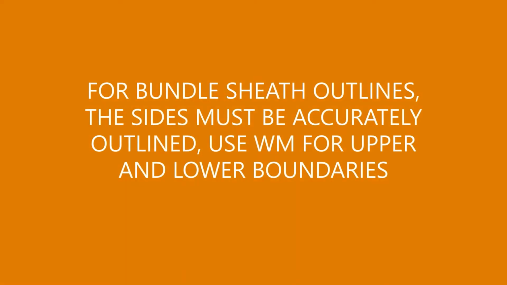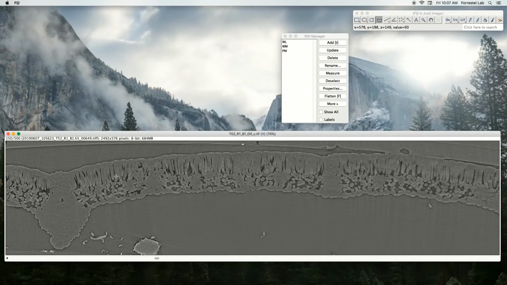Here we're going to look at the bundle sheaths. Here we're going to use the whole mesophyll as the top and bottom boundary. Just make sure to carefully outline the sides.